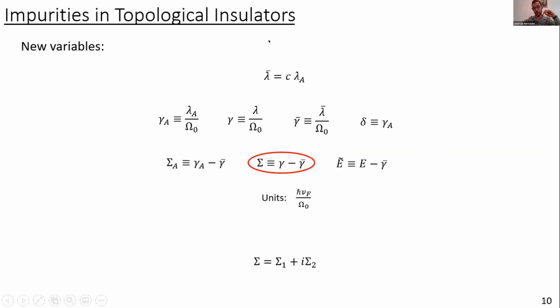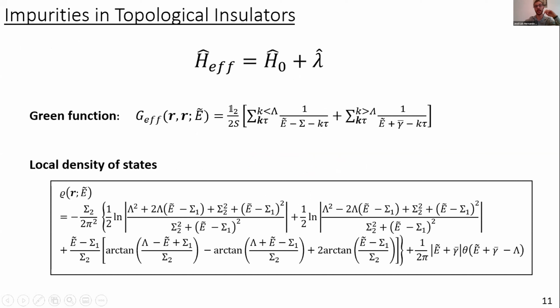Well, so once those new variables are defined, we can get those properties of this effective Hamiltonian, which in this way doesn't say too much because we still have not calculated the self-energy. So now is where approximations come out.